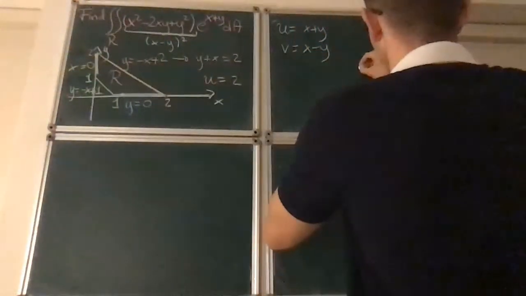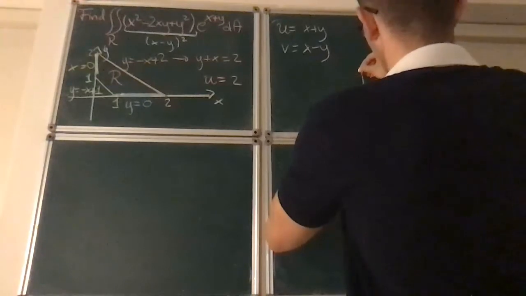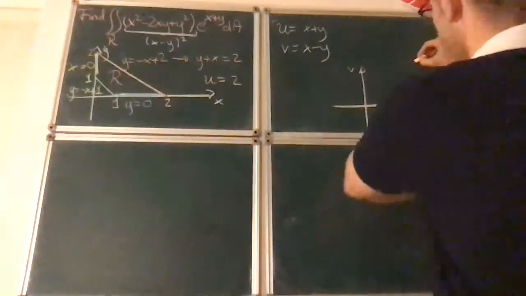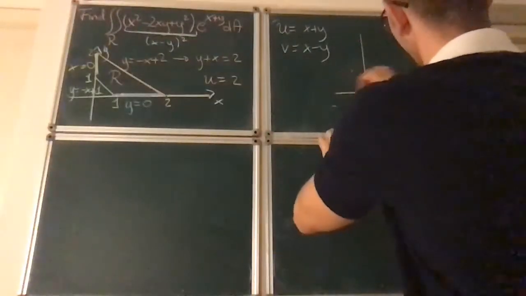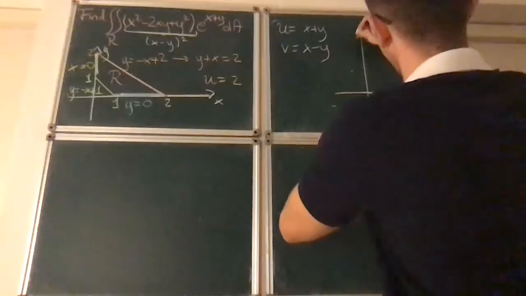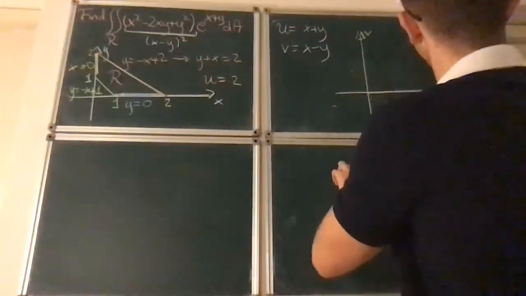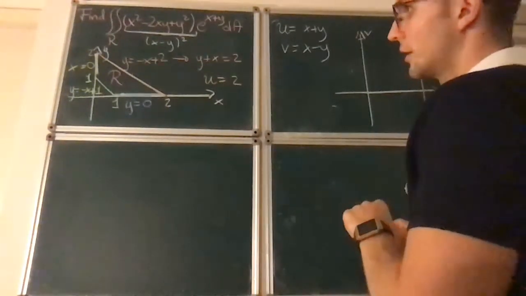So we already know here in the UV plane that one of the lines is u equals 2. For the green line, it's the same story.